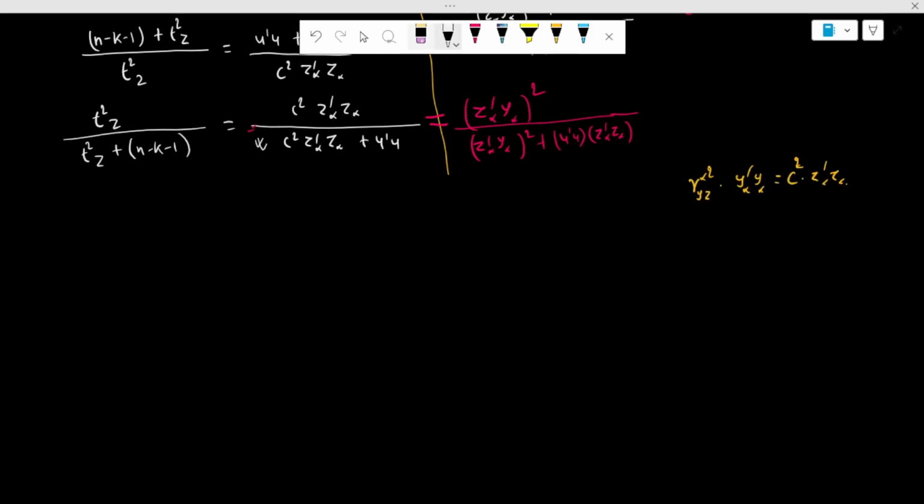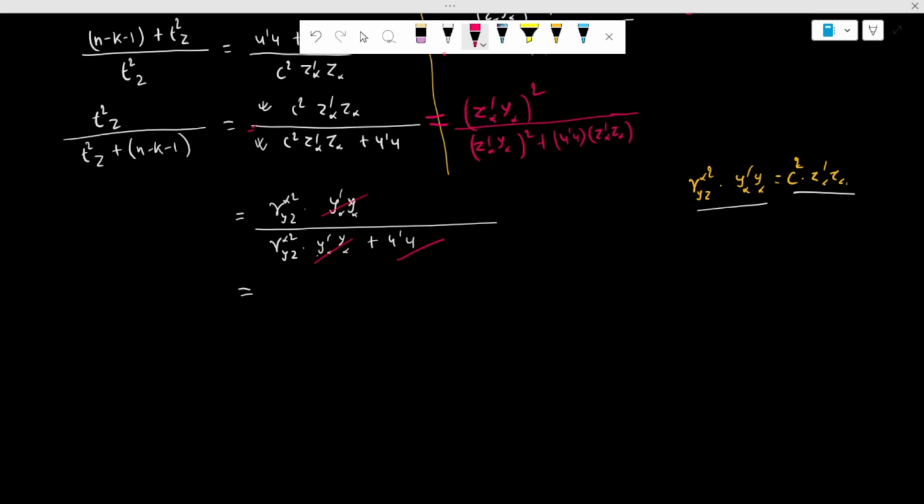Now in this relationship, once again, let us substitute the value of c squared z asterisk transpose z asterisk by this value. So let us divide both the numerator and denominator by y asterisk transpose y asterisk. This and this will cancel out, and we need to divide this by y asterisk transpose y asterisk.